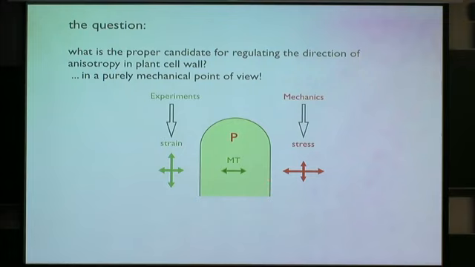If you look at a perfect cylinder, we can show analytically that the stresses are mainly circumferential. And of course, there are longitudinal stresses, but they are mainly circumferential. In the experiments it has been shown that the growth happens axially, and the plant grows axially along the longest axis of the cylinder.